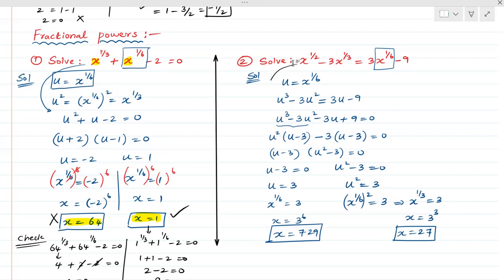It becomes u power 3 minus 3u square plus 3u minus 9. Move it here. By using the grouping method, we will solve this problem, and you will get the value at the last. If you want to check, you can check the values whether it is solved or not. You can just go through it. It will be satisfied, both are the solutions.